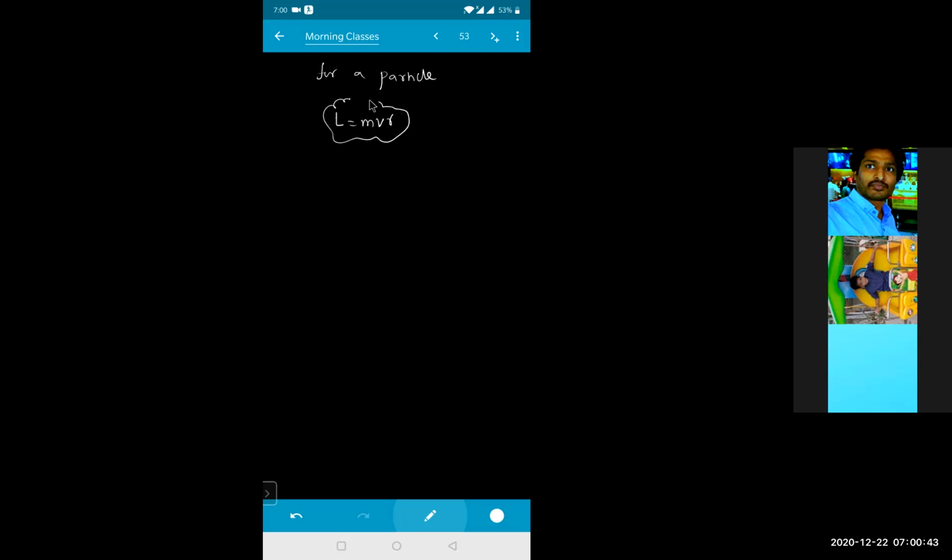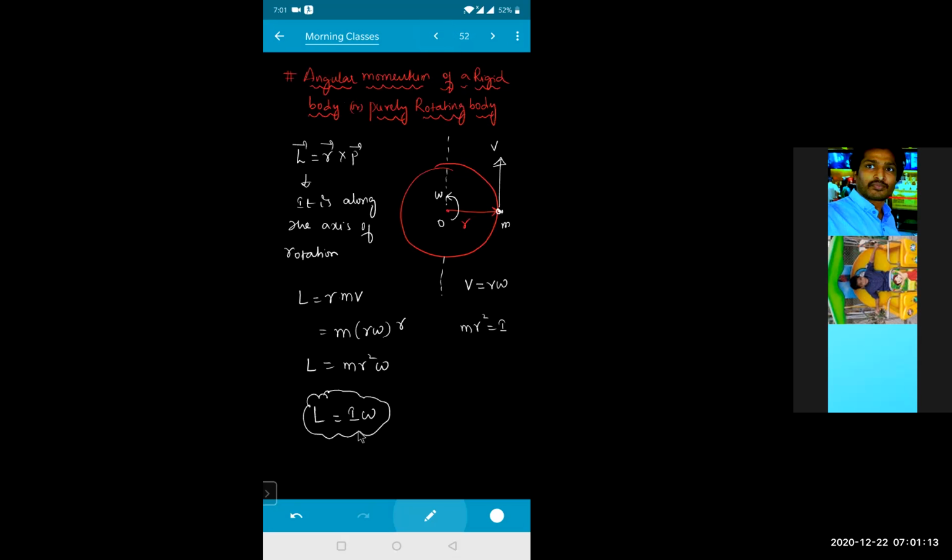For two particles, if initial angular momentum equals final angular momentum, this can be written as m1 v1 r1 equals m2 v2 r2. Depending upon the given conditions, if you need to calculate v1 or v2, you can calculate it. So angular momentum is given by L equals m v r for a particle, and for a rigid body, L equals I into omega.